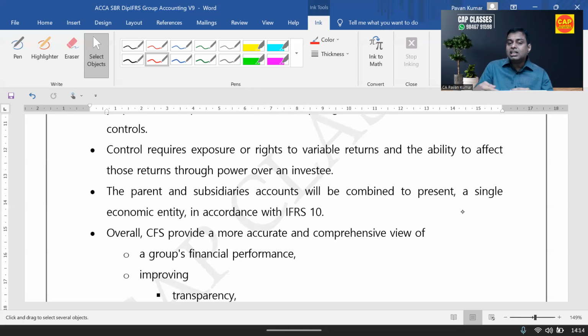So to claim that the other company is your subsidiary, you should exercise control. That means one, power; two, exposure to variable returns; three, the ability to exercise the power to make decisions and all.